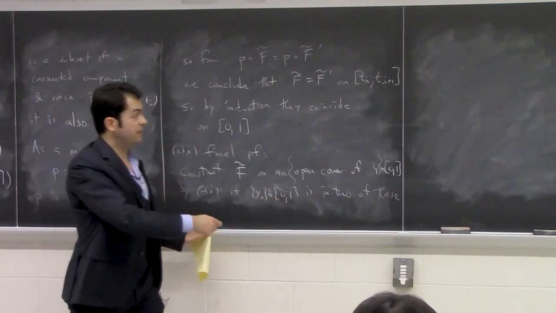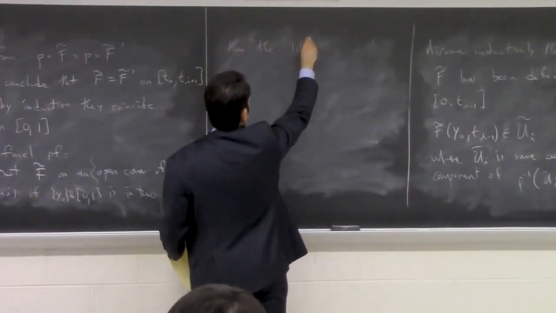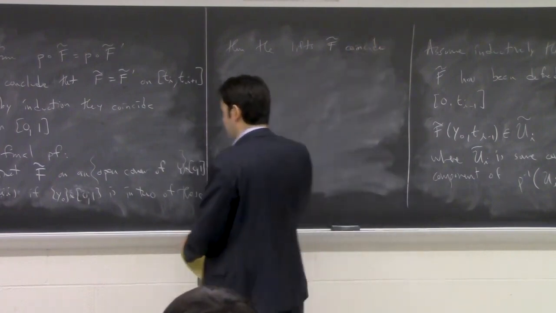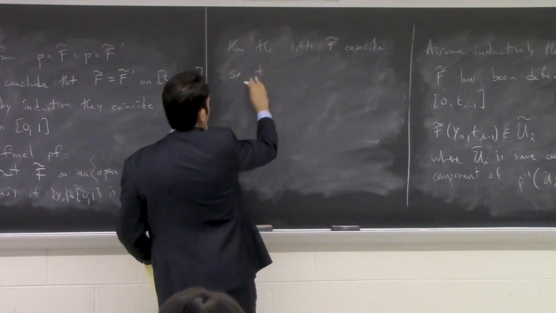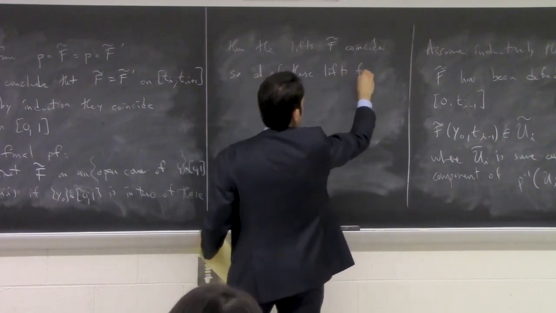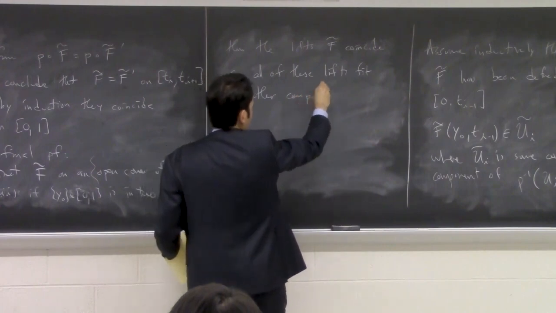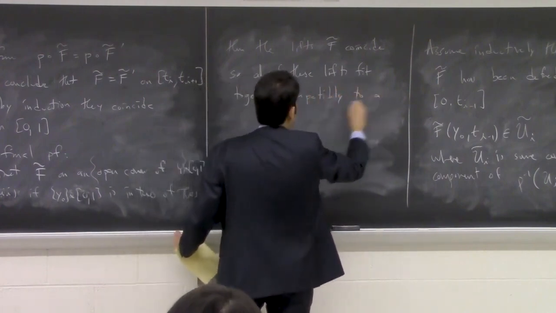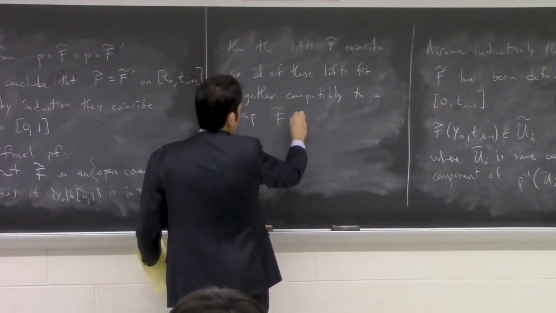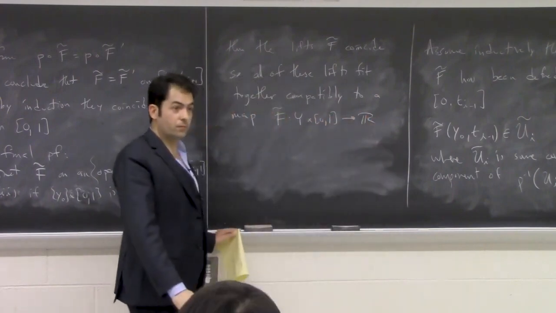If it's in two of these, then the lifts of F tilde coincide. So all of these lifts fit together compatibly to a map F tilde from y cross 0, 1 to R, right?